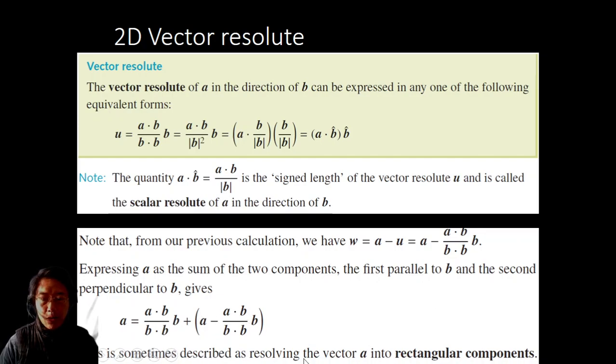It's about the language or the definition. Vector A can be also resolved as rectangular components. As u and w are perpendicular, they will form a rectangle.